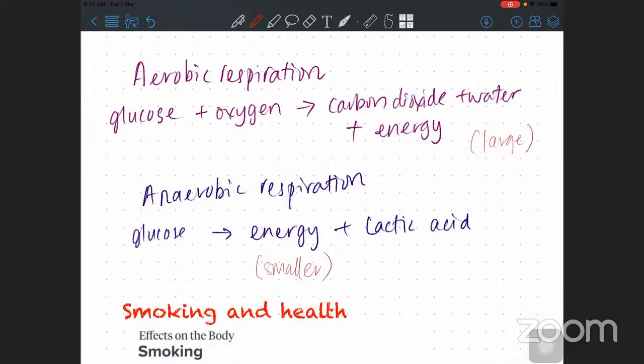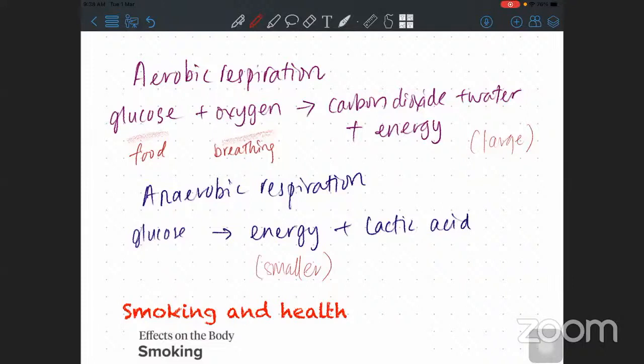So for the aerobic respiration, we need glucose, which is the carbohydrate from our food, and the oxygen from what we just learned about in breathing.